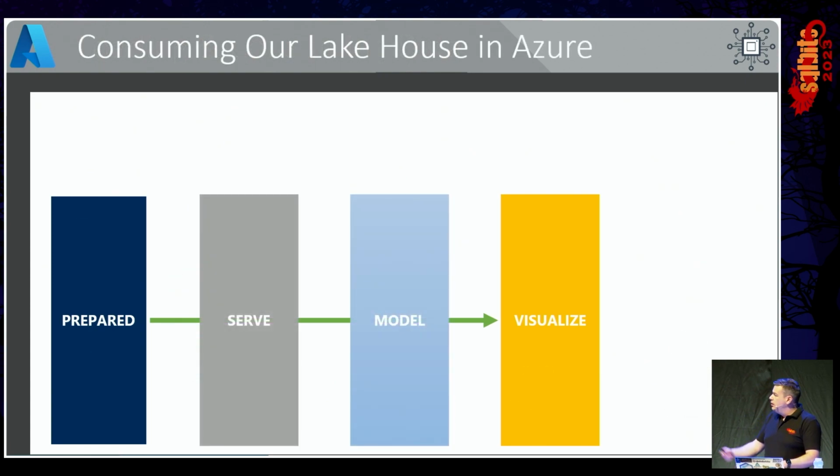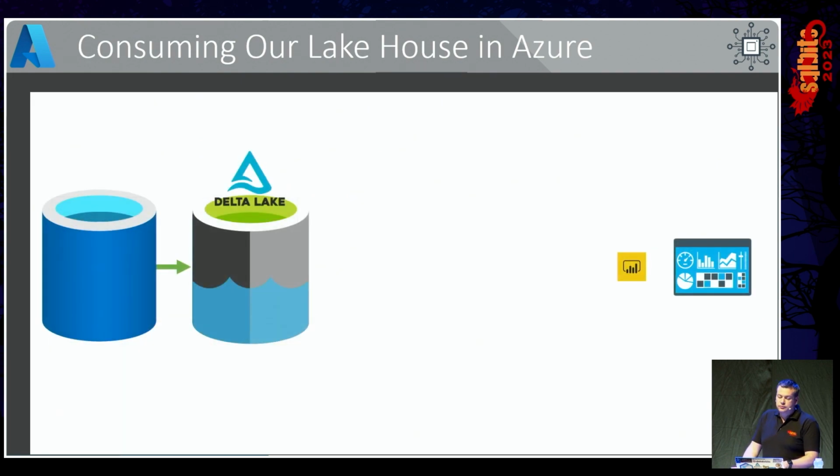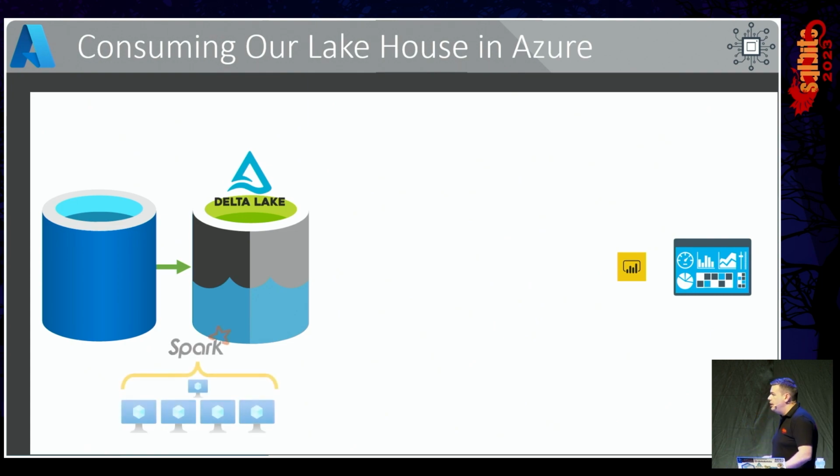So to think about that, if we bring it back to a picture a bit like this, we say, yes, fine, I've got some source systems, I've got a Delta Lake, just at an icon level here. I'm using some flavor of Apache Spark, red or blue, we don't mind, it's just Spark.